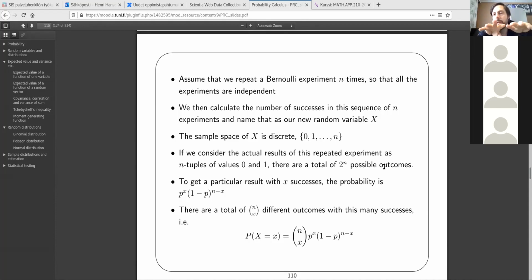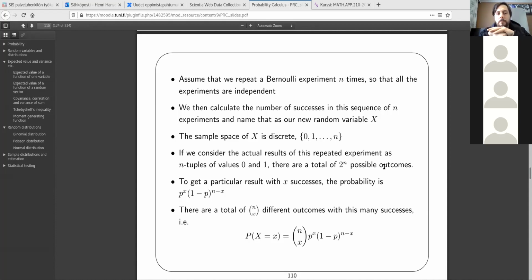So there's 2 to the n possibilities, but if we are only interested in how many times it was 1, then we have to calculate the distribution for this new sum of ones variable.